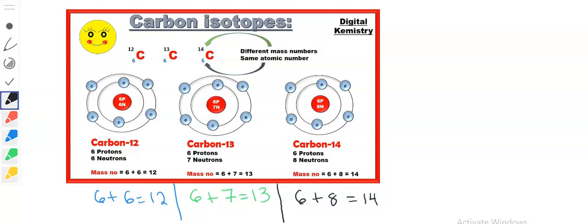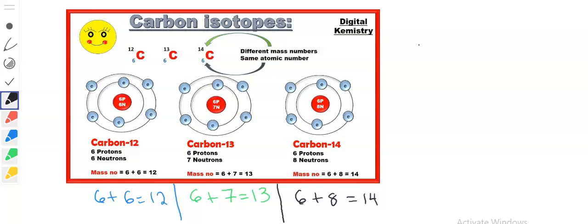If they have the same atomic mass number and the same atomic number, then it wouldn't be an isotope. So say it was 6 protons, right? And the mass number is 12, and then you have another one that's the same as the first one, then it wouldn't be an isotope. It would be an exact type.